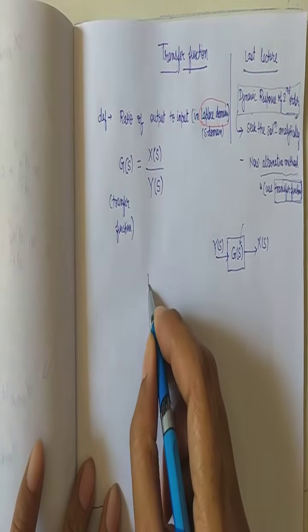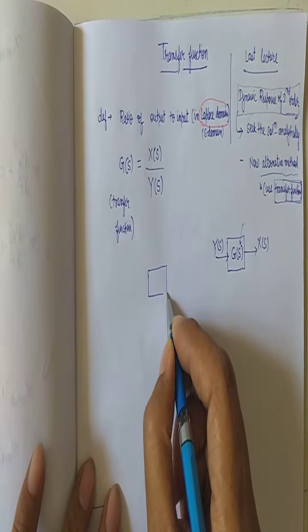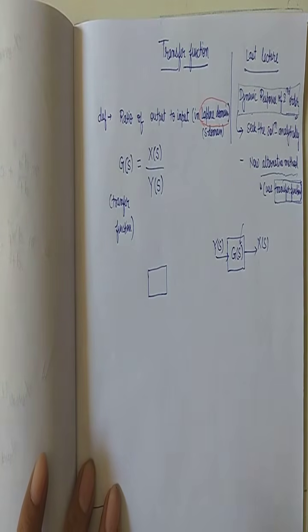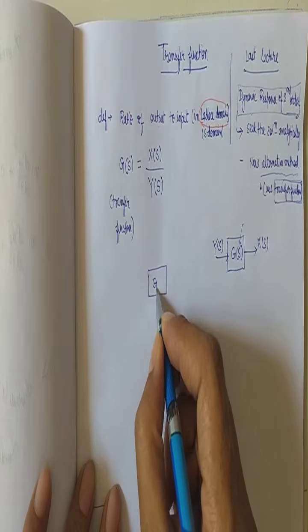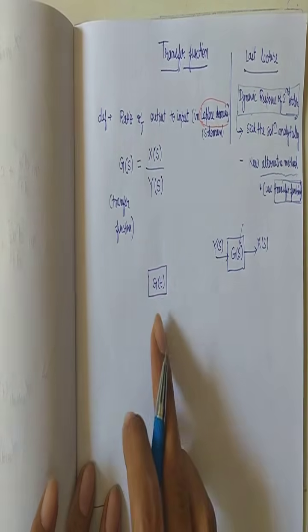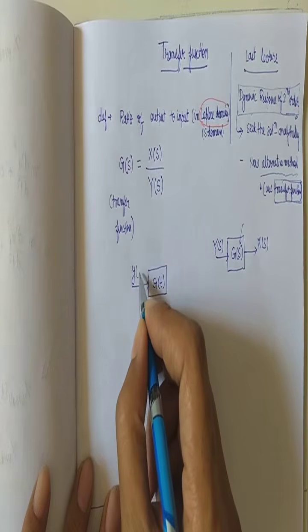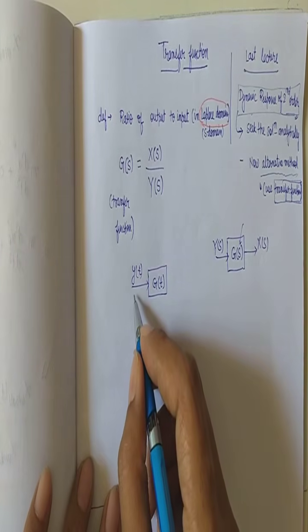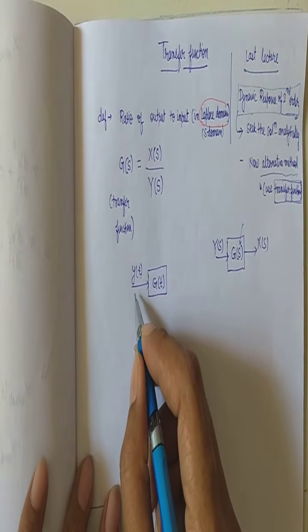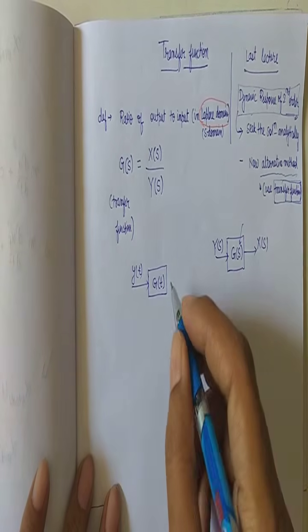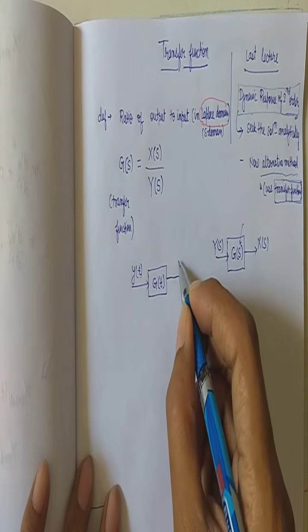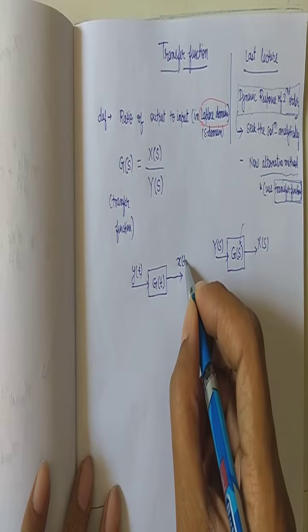In time domain, when we write any plant, we can write it in this form: G(t), whatever input I am giving, y(t), it may be step response, impulse response, sinusoidal response, ramp response, I'll get some form of output in the form of x(t).